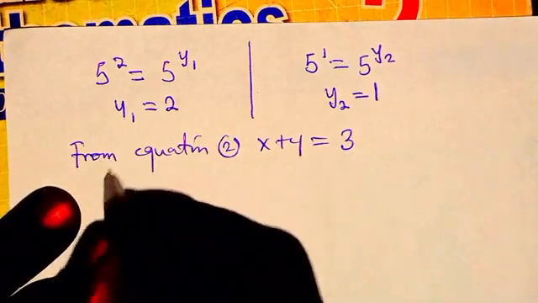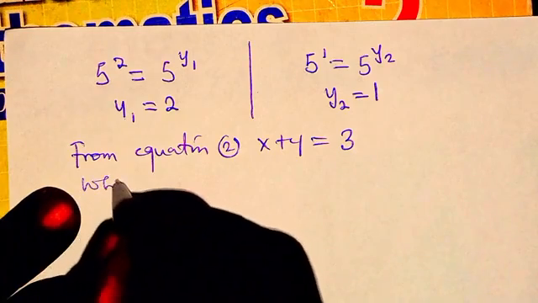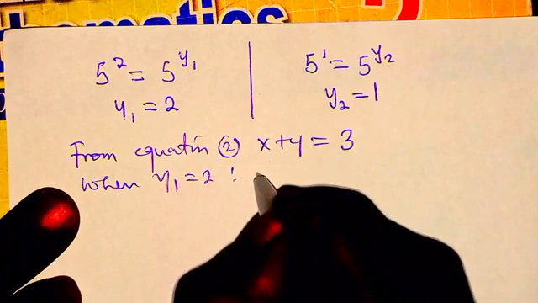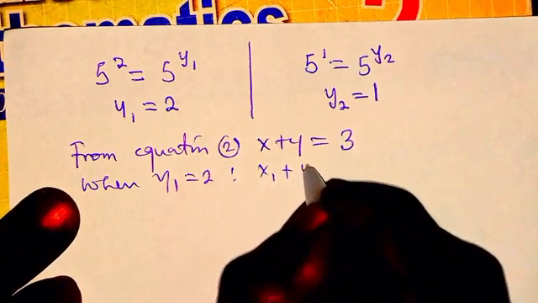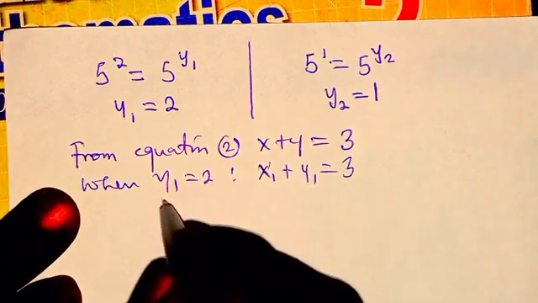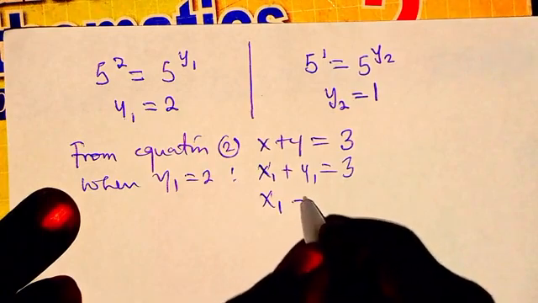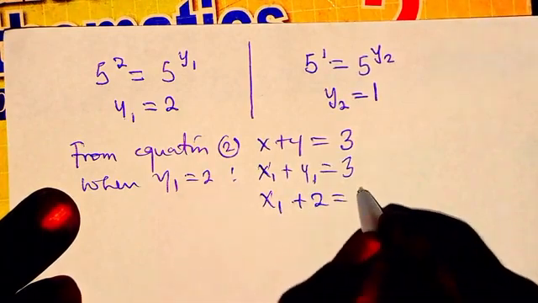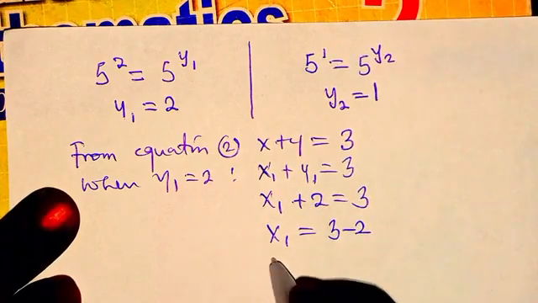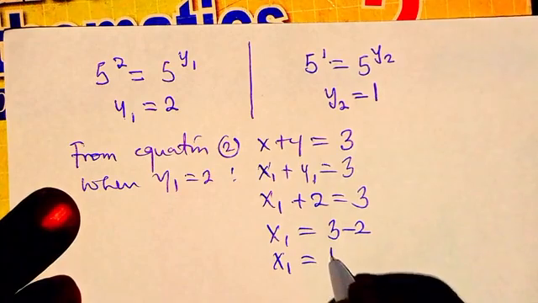Now, we want to put in y1 when y1 equals 2. So therefore, here is going to be x1 plus y1 equals 3. So x1 is what? x1 we don't know. y1 is 2, so x1 plus 2 equals 3. We have x1 to be 3 minus 2. Then x1 equals what? 1.